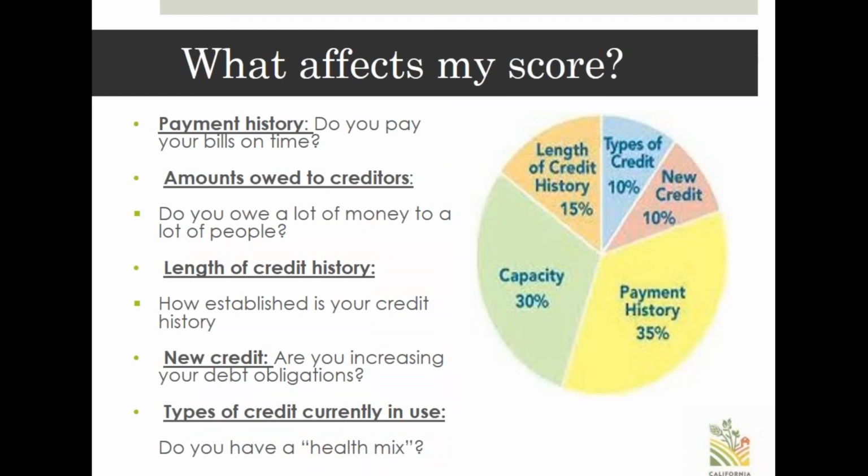So what affects your score? Well, as you can see from the pie chart, the two biggest ones are, one, do you actually pay your bills on time? And two, what's your capacity? What I mean by that is, let's say you have $10,000 of potential credit from credit cards and other means, but you're only using 20% of it. That gives you a higher score.